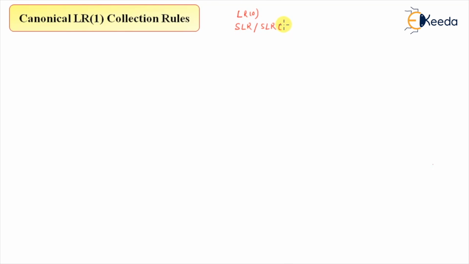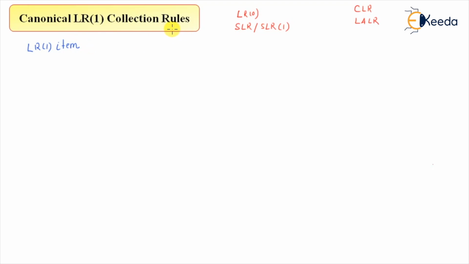But with this canonical LR1 collection, we can go for the next two, that is CLR and LALR. Everything else remains the same. The only difference here will be the LR1 item. So the first thing we are learning here is the LR1 item.